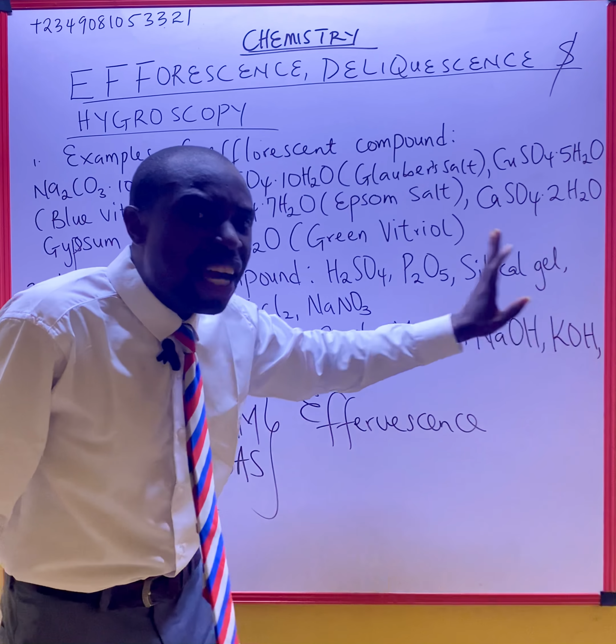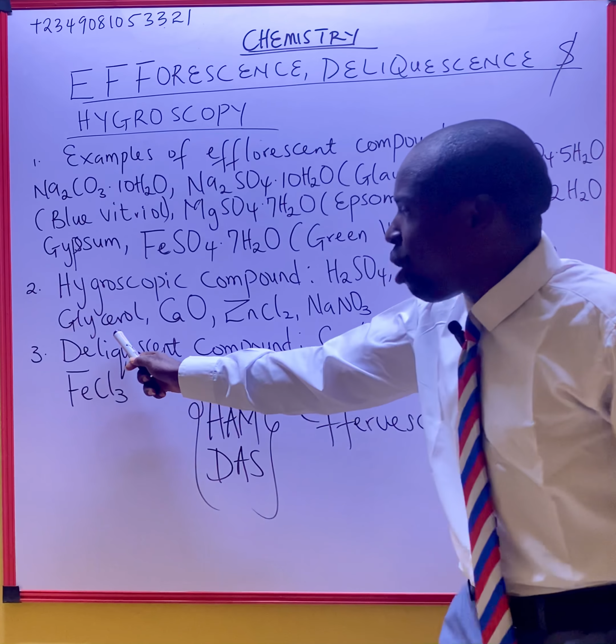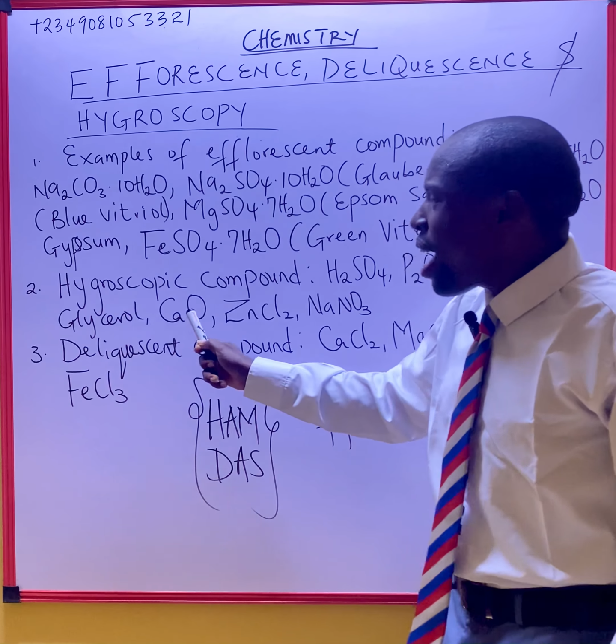We have silica gel. We have glycerol. We have calcium oxide, also called quicklime. This is used to dry ammonia exclusively in the lab. We have zinc chloride. We have sodium nitrate. All these are examples of hygroscopic compounds.